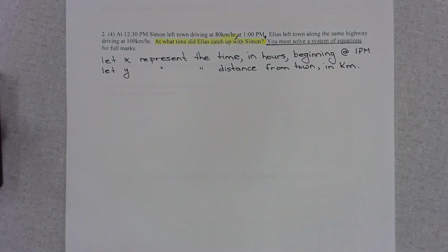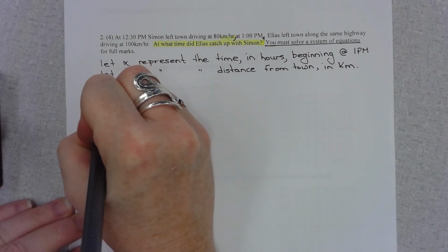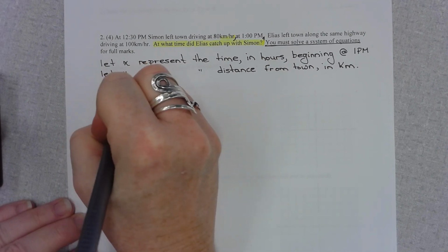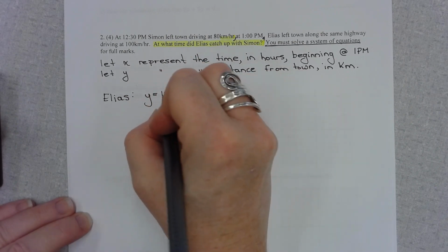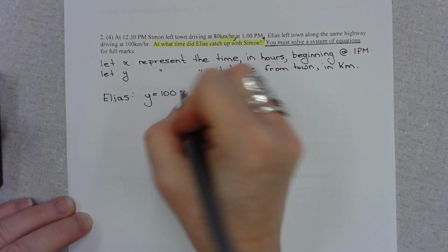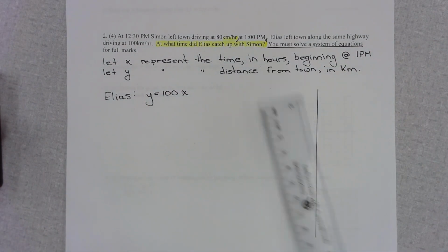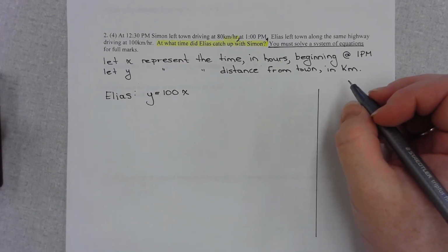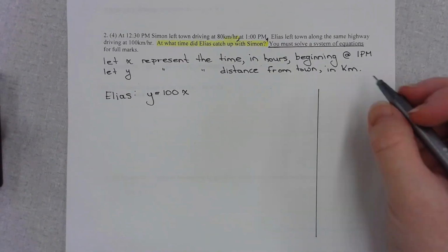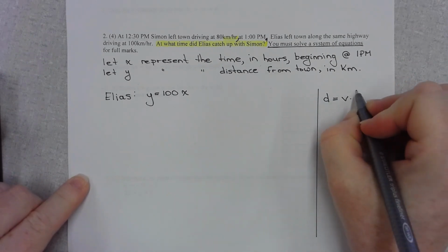If we quickly take a look at that, then we know that for Elias, his distance covered is going to equal 100x. And the reason I know that is distance is equal to speed times time.